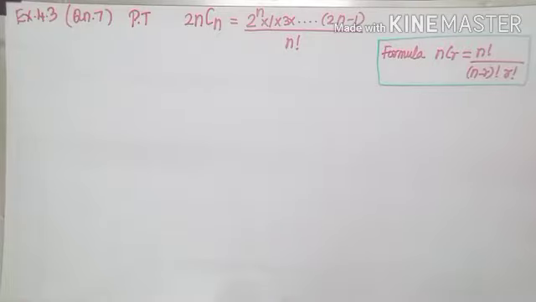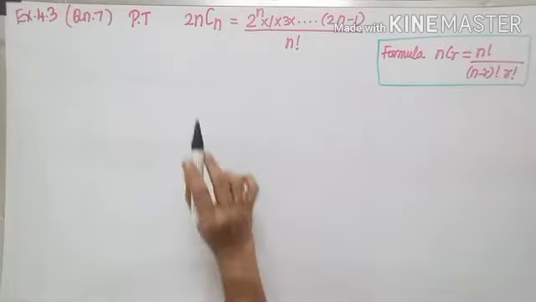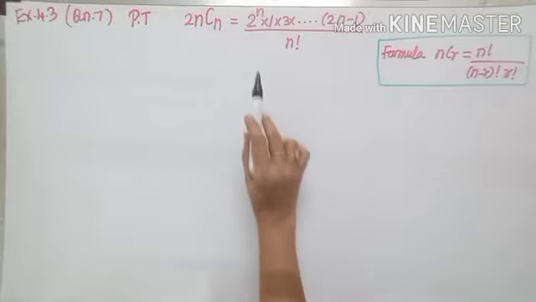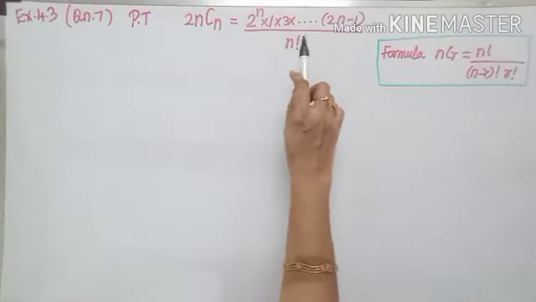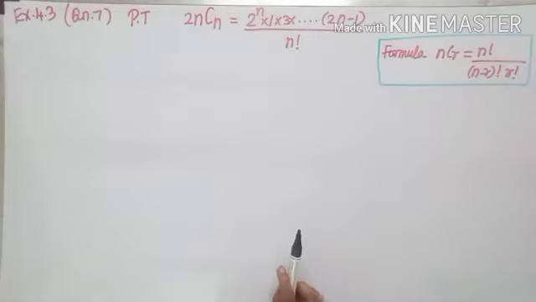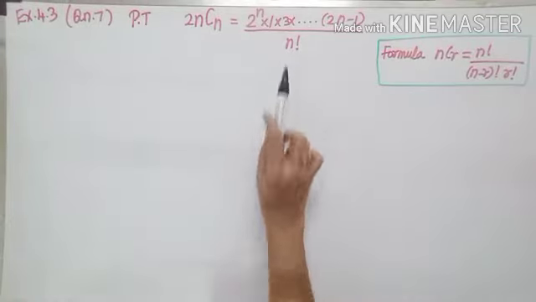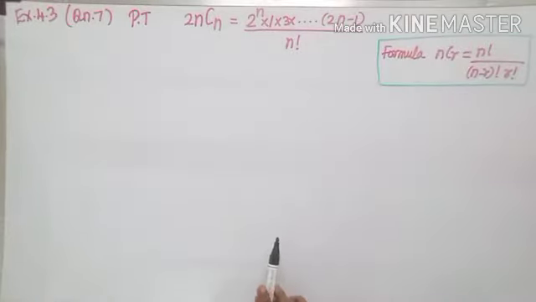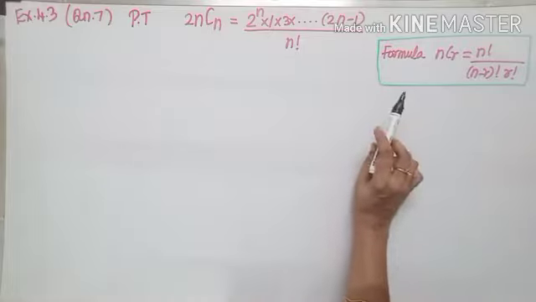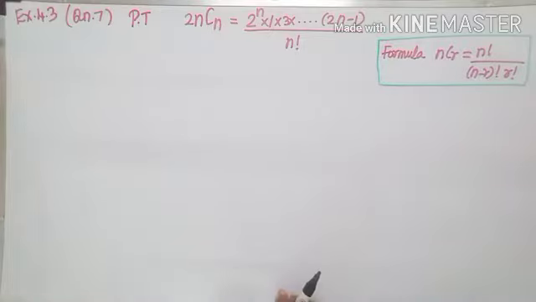Question number 7. Prove that 2nCn equals 2 power n into 1 into 3 into and so on up to (2n minus 1) by n factorial. Again we use the formula nCr equals n factorial by (n minus r) factorial into r factorial.